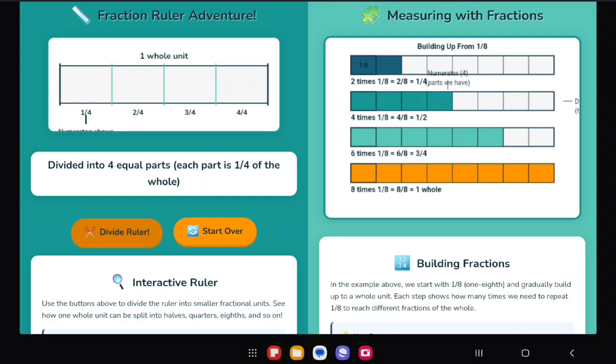Okay, now again, if I divide it into further parts, we can say that now we have 4 equal parts. Each of them represents 1/4 of the whole. Okay. Now each part is going to represent 1/8 of the whole, because total we have 8 equal parts. This same whole unit has been divided into 8 equal parts now instead of 4.